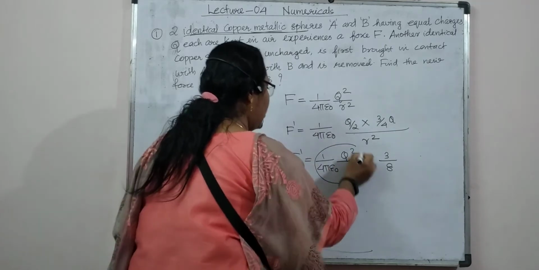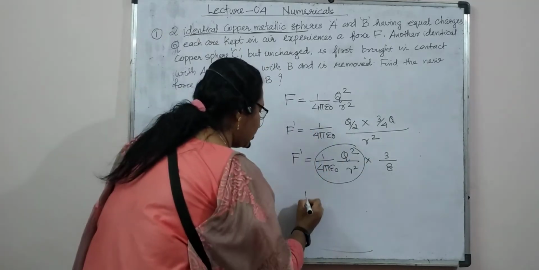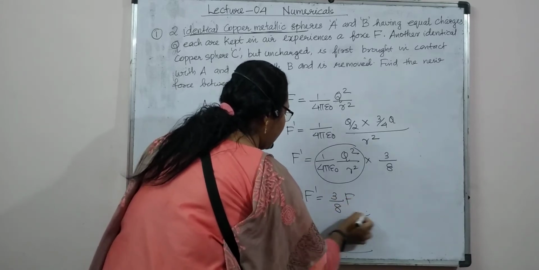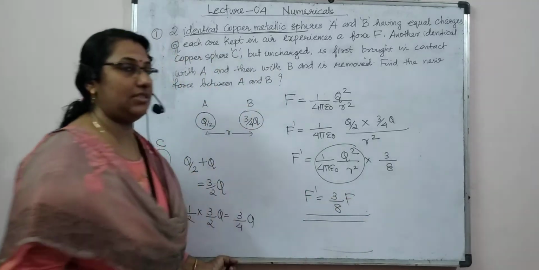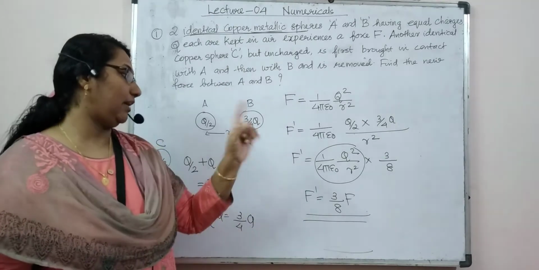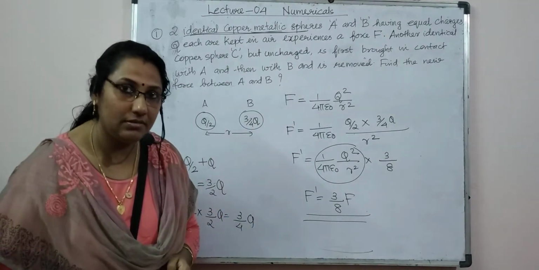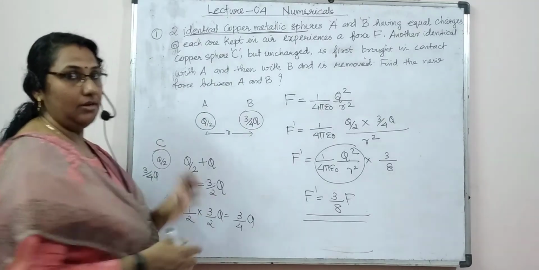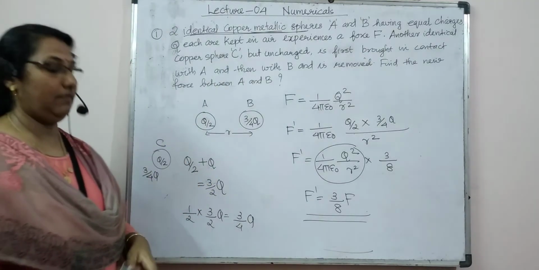This value is the force given earlier. So we can write F dash is equal to 3 by 8 of F. This is the new force. Is it clear? This is the first question. Pause it, copy it and solve it.